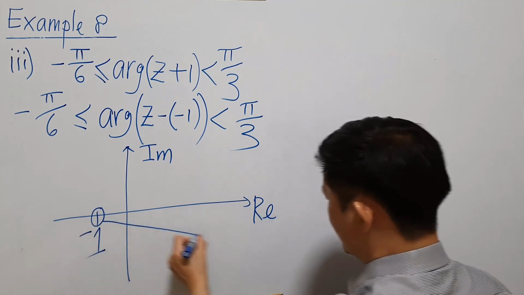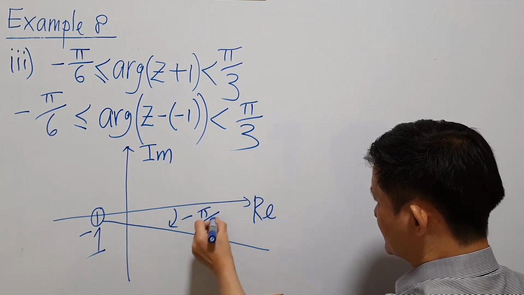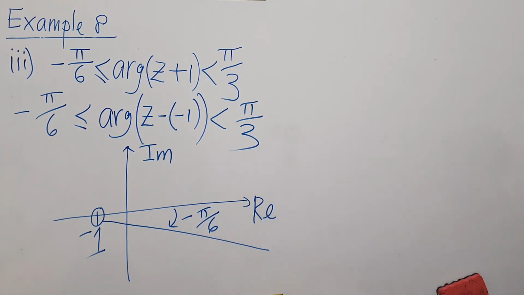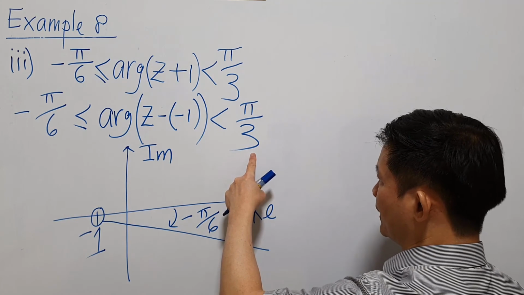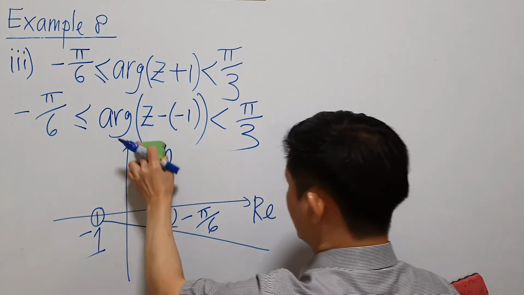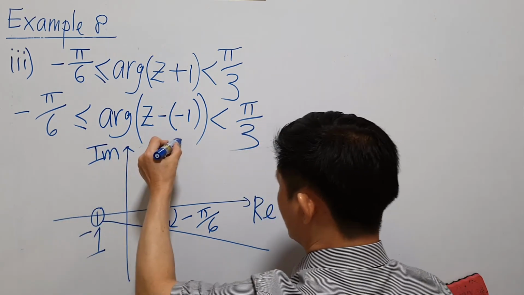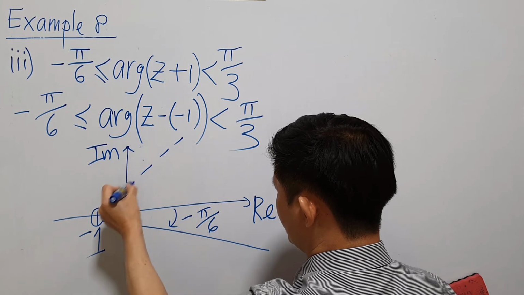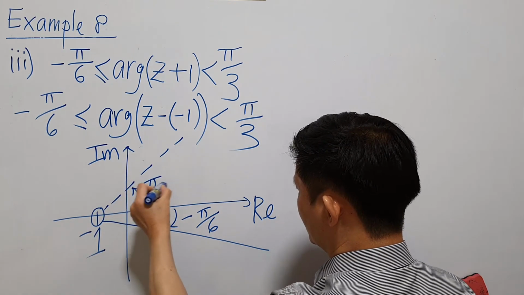Minus pi over 6 is something like this. And then starting from the same point, you want to draw a line with an angle of pi over 3. Pi over 3 will look something like this. This angle is pi over 3.